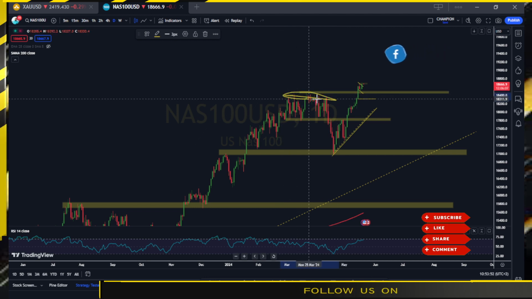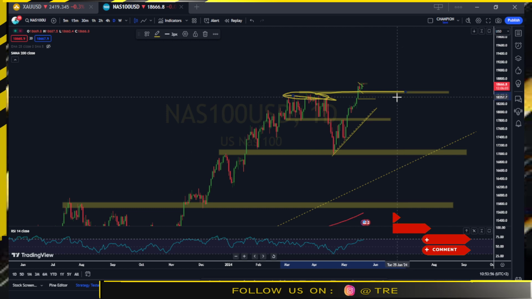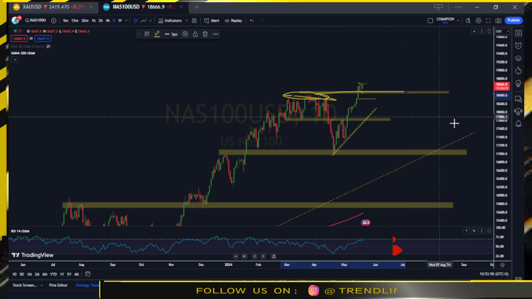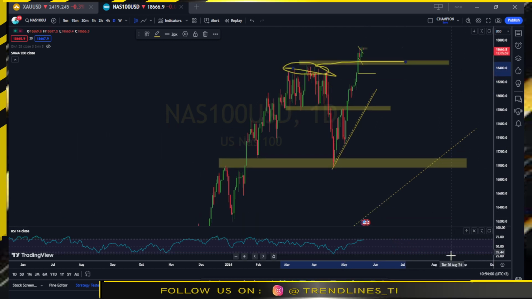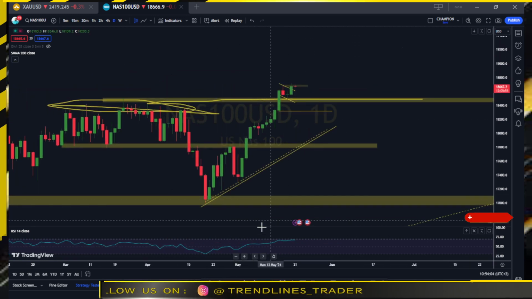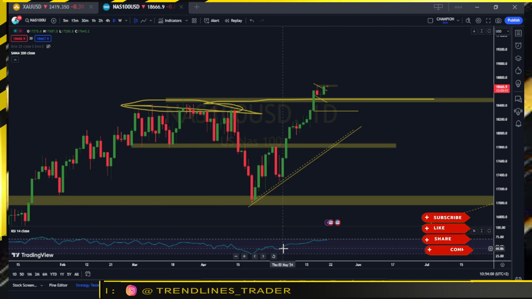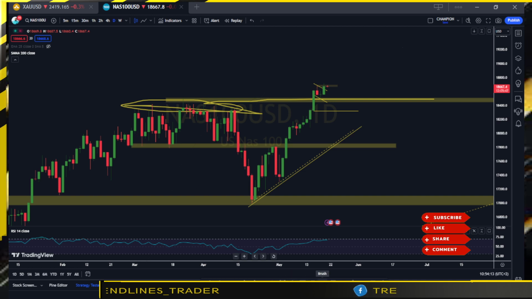Remember, this was our previous resistance, our highest high position. Let me zoom it in so that we can see what I'm talking about.